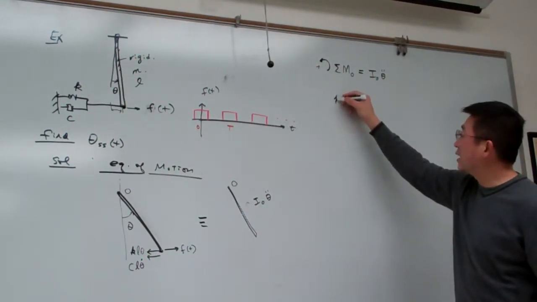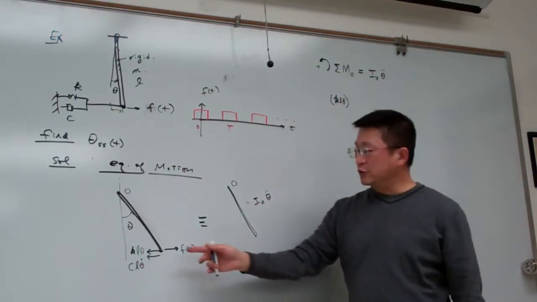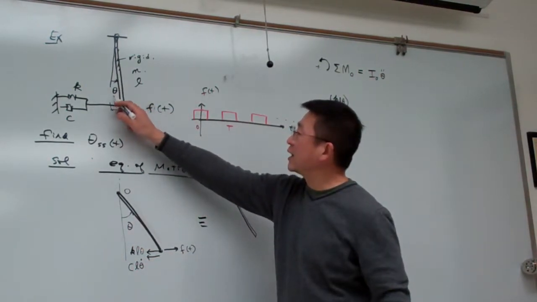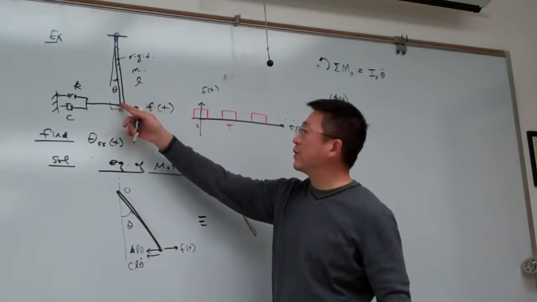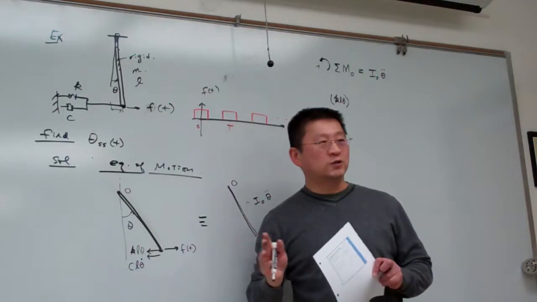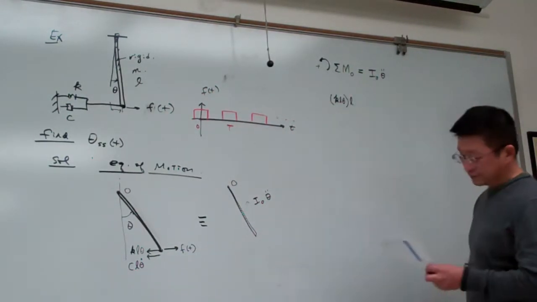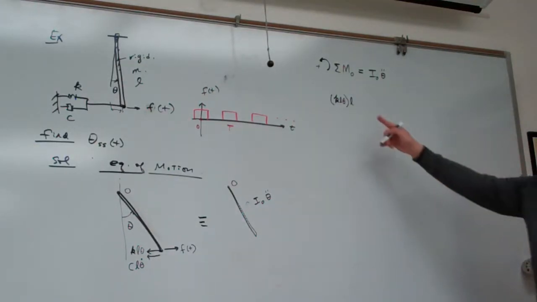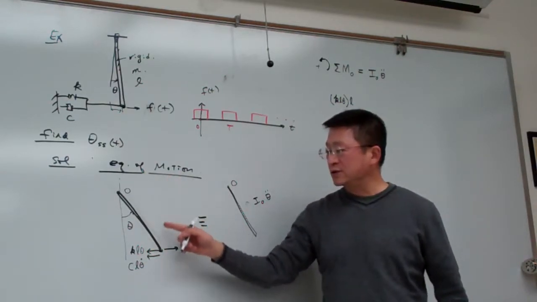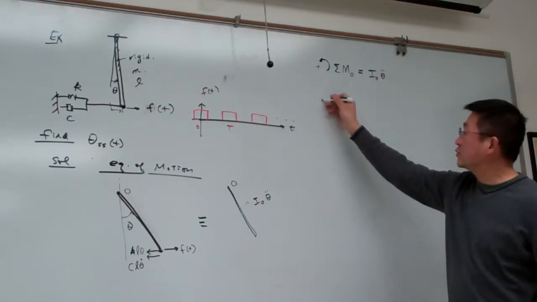One is K L theta, that is a force. Assuming small oscillation, the angle is small, so you can multiply the force with L directly without considering projection of sine or cosine. This moment from this force is clockwise, and per our sign convention, that should be negative.